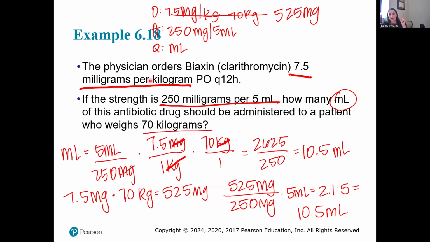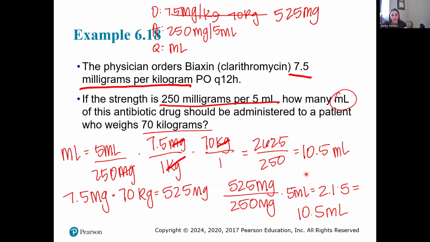So if I weigh 70, I can either add up 7.5 70 times, or I can just multiply it. So 7.5 times 70 is 525. So that is our new order. That's what that line is for. Our new order is for 525 milligrams PO every 12 hours.